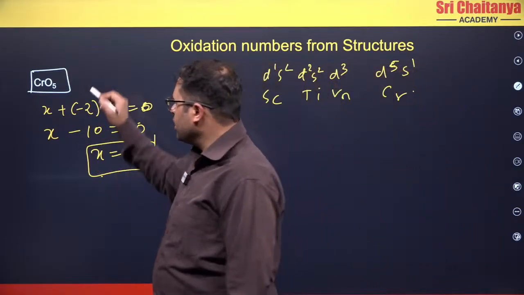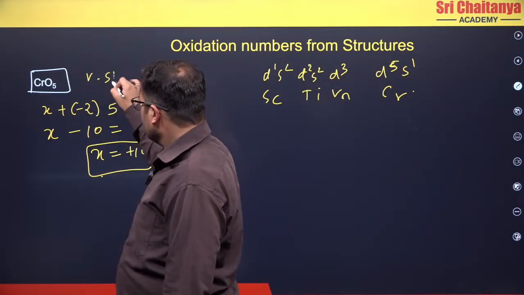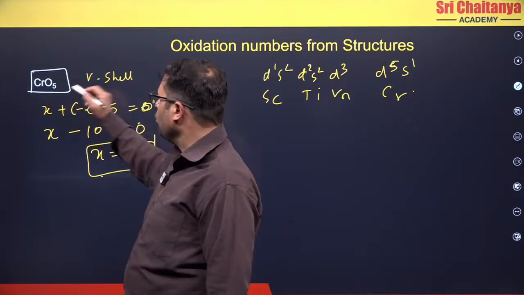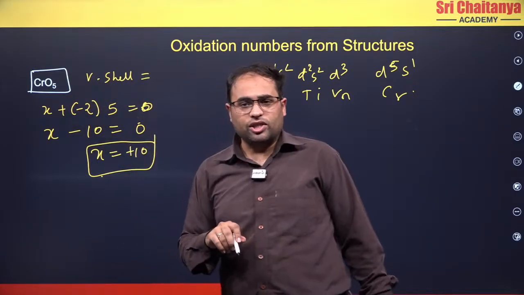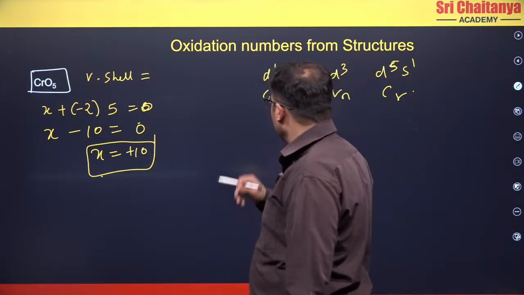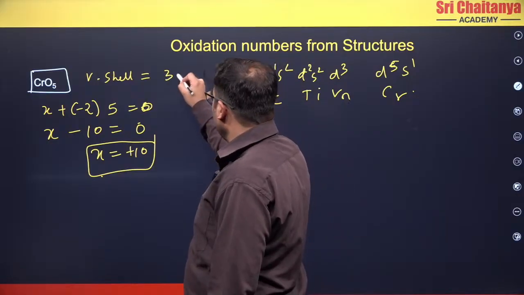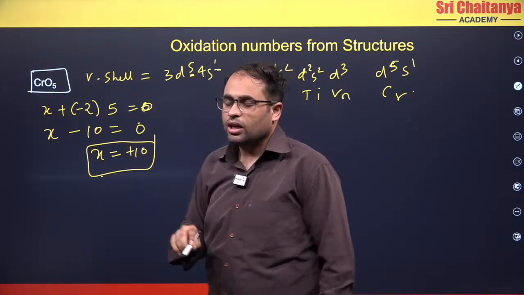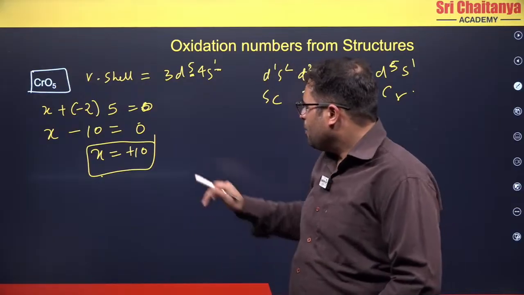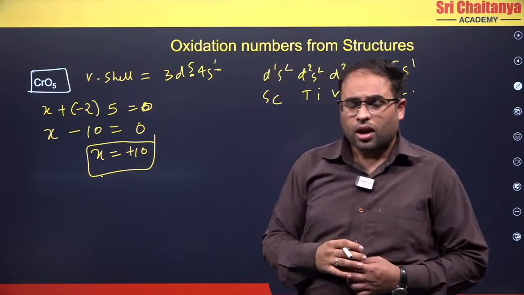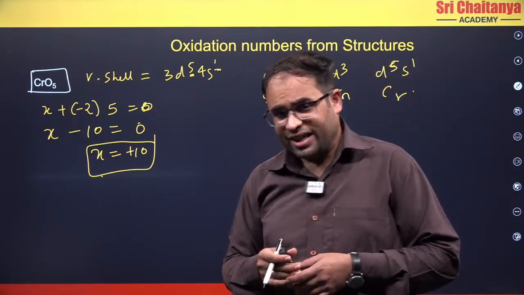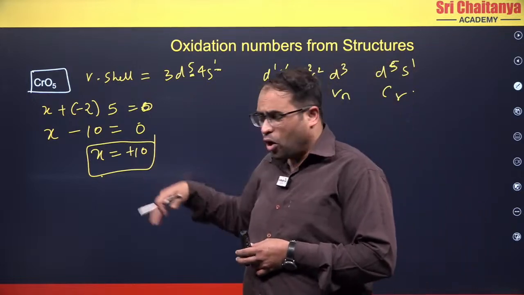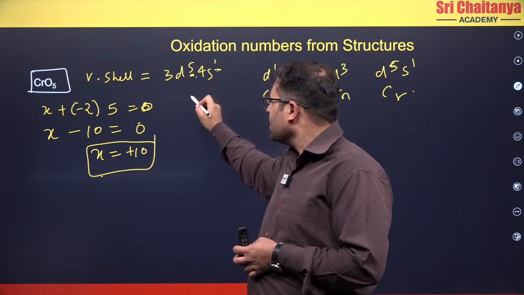So the valence shell of chromium, this also you will understand in the periodic table chapter, I have told you chromium is 3d5 4s1. So the valence shell has 6 electrons. Now understand that +10 means how many electrons has chromium donated?